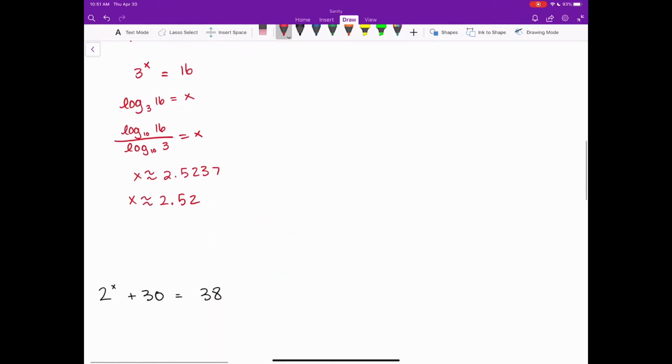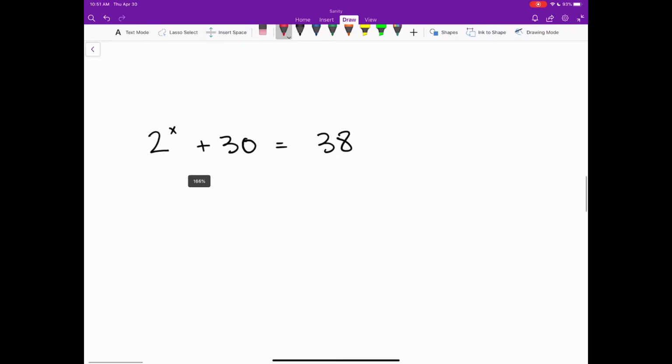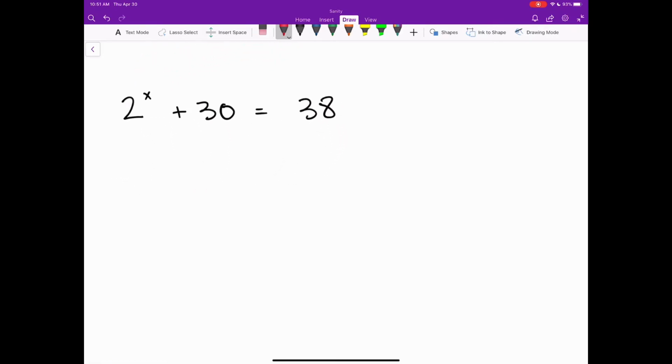Again, we're just going to keep going through these here. So here's my next one, 2 raised to the power of x plus 30 equals 38. Again, this isn't a simple exponential equation because I have that plus 30 on the outside. Once I get rid of that, then I'll be able to write it in logarithm form.